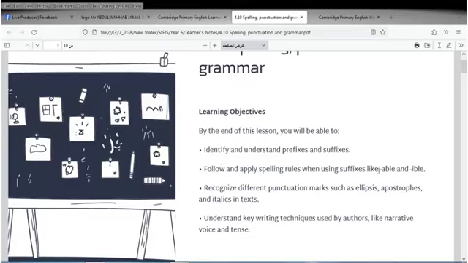We are going to recognize different punctuation marks such as ellipses, apostrophes, and italics in texts. And we are going to understand key writing techniques used by authors, like narrative, voices, and tenses.